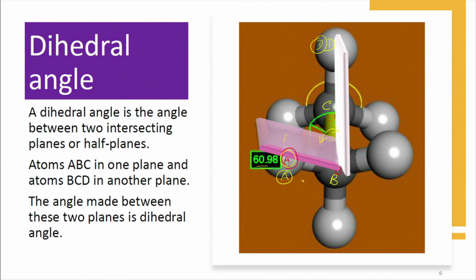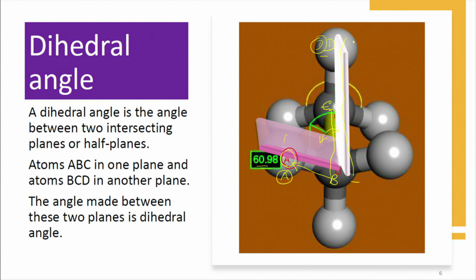The dihedral angle formation is based on 3 atoms A, B and C in one plane, and another plane B, C and D. The angle made between these 2 planes is called the dihedral angle, and whenever we talk about conformational analysis, we will be talking about this particular dihedral angle.